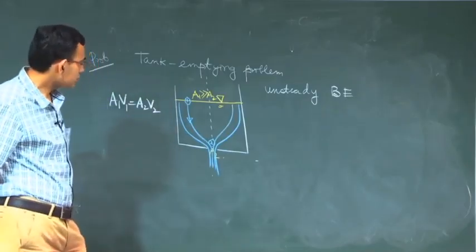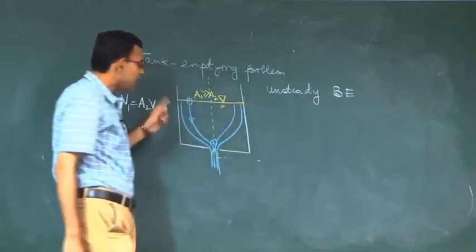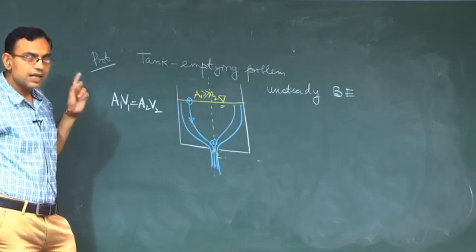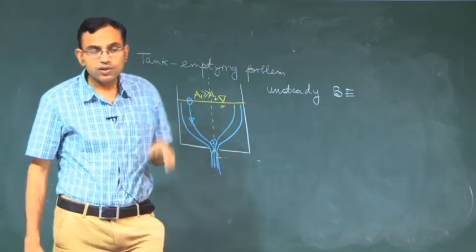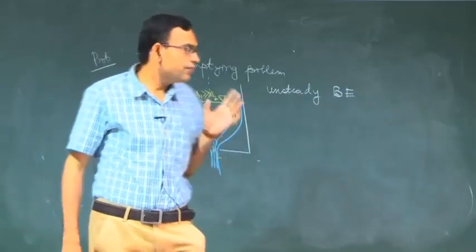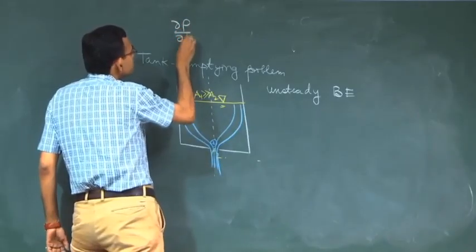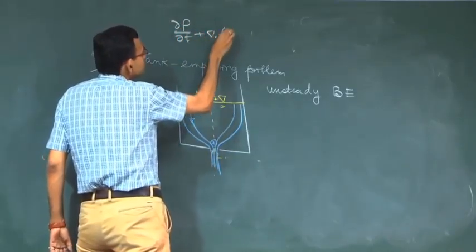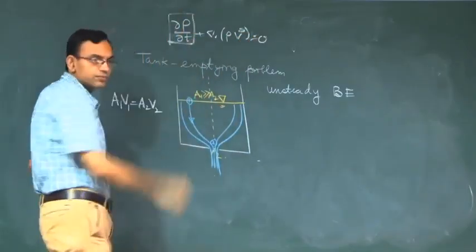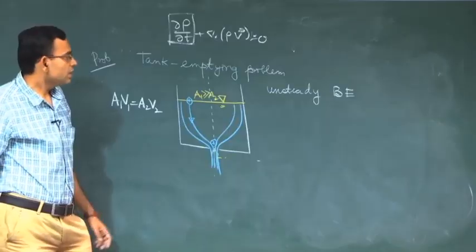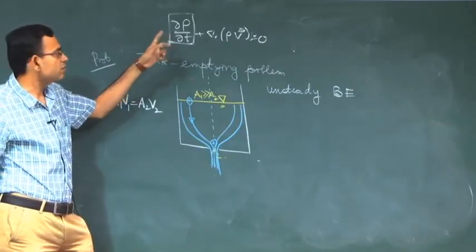Then the next point: clearly this is an unsteady flow, but A1 V1 equals A2 V2, right. If you recall the derivation of this, there was a continuity equation which was integrated. In that equation this term was set to 0. There could be various logics for which this term could be set to 0.